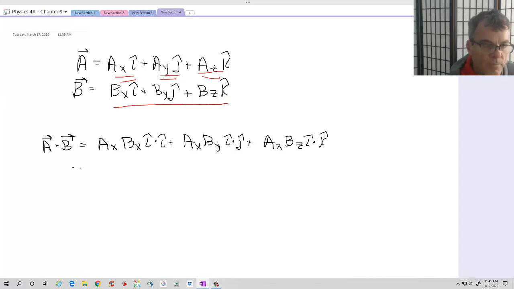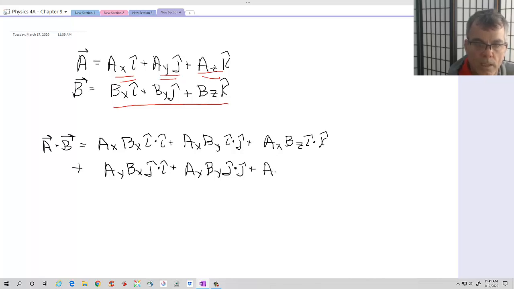And then I also have plus ay bx times j dot I plus ay by times j dot j plus ay bz times j dot k. That comes from taking ay and dotting it into all 3 components of b.